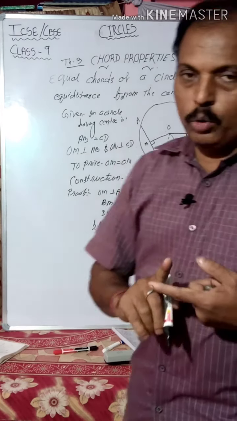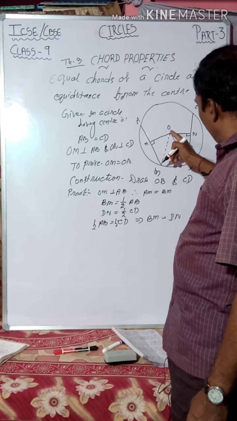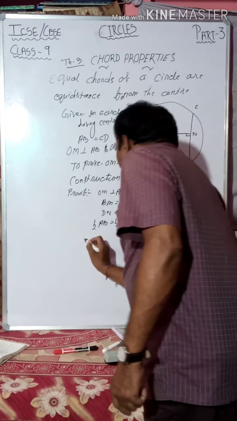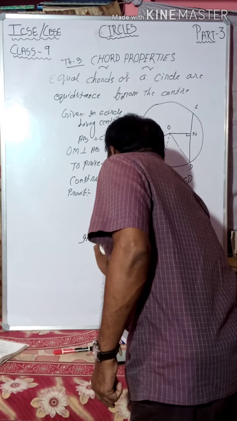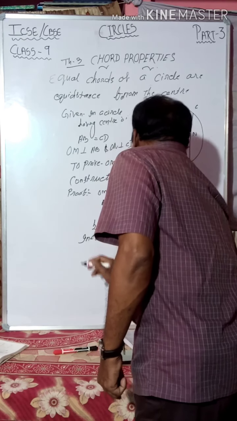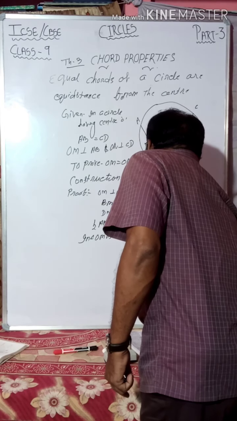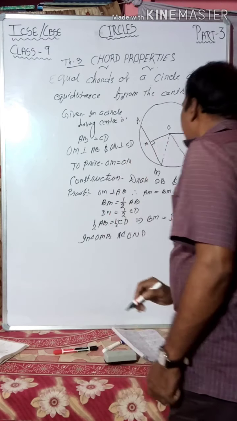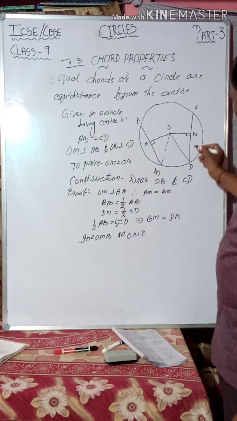Now take two triangles, in triangle OMB and OND.